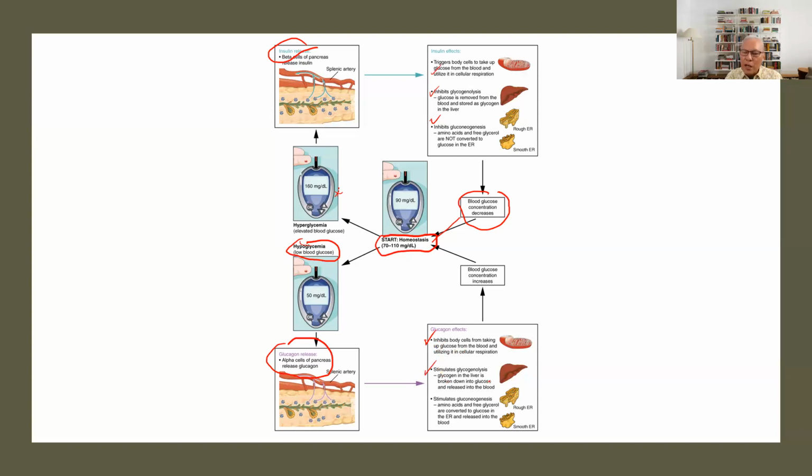That means to say that glycogen in the liver is broken down. And also it stimulates gluconeogenesis, meaning to say that amino acids and free glycerol are converted to glucose. So that in turn increases the concentration of blood glucose to maintain it at 70 to 110.